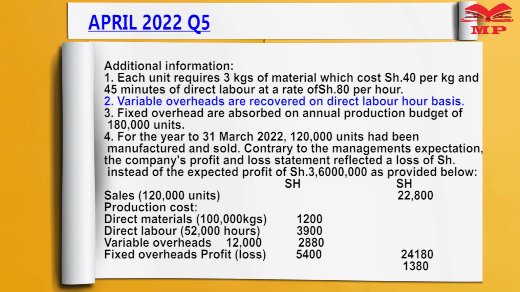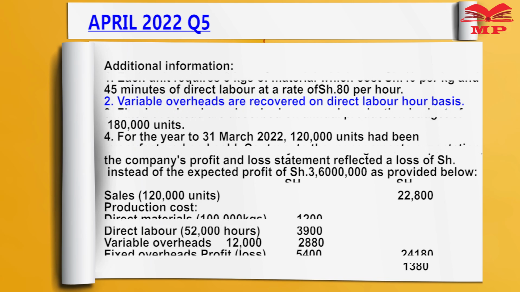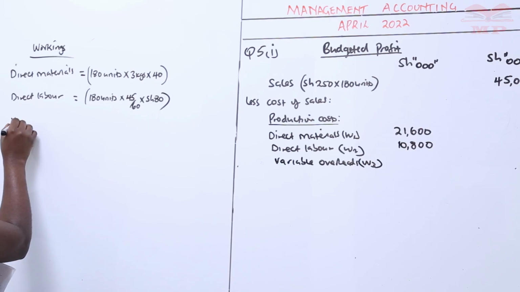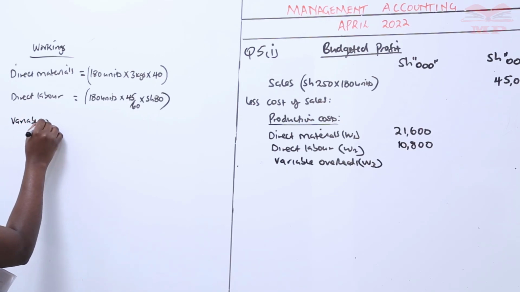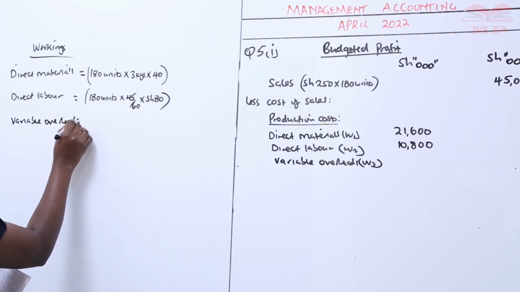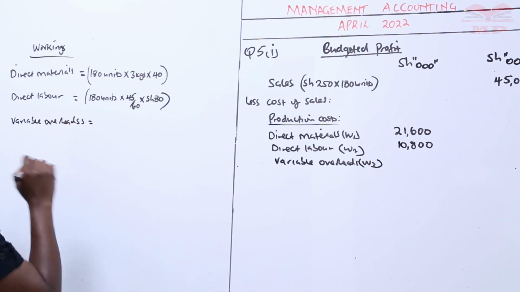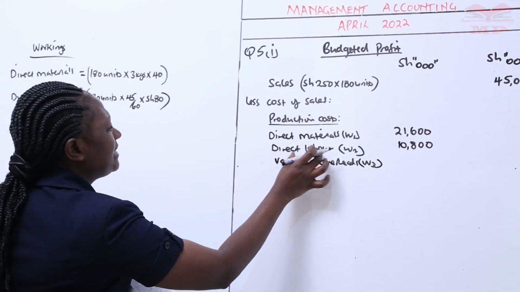Variable overheads, note number 2. We are told that variable overheads are recovered on a direct labor hour basis. So again, we need to calculate the variable overheads, which are absorbed on the basis of direct labor.